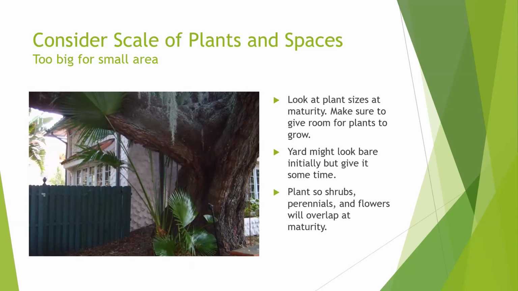And just like kids, they grow up and they get big. So be sure that you're giving your plants in your yard enough space to grow to maturity. Look at those plant sizes, do a little research, make sure that your plants are big enough for your site and not too big for your site.